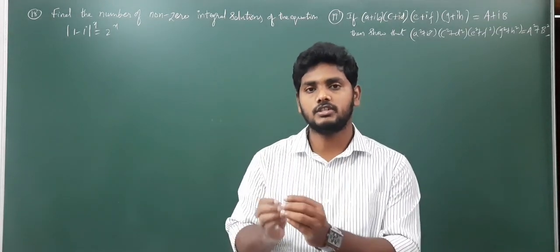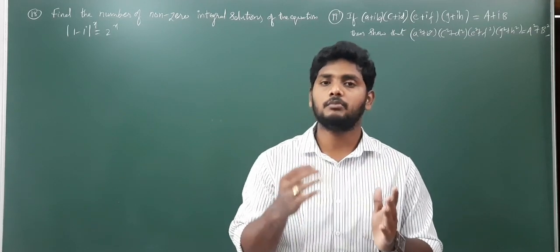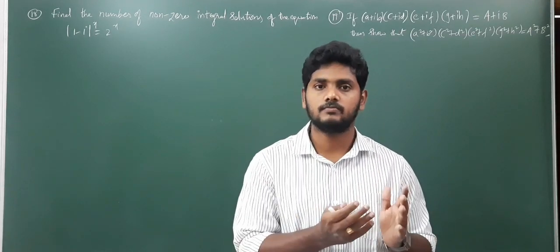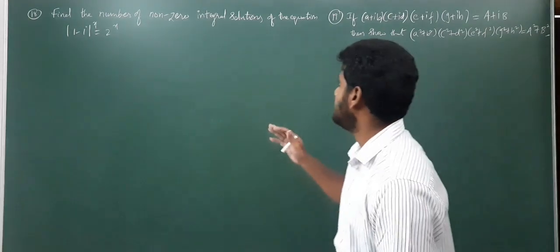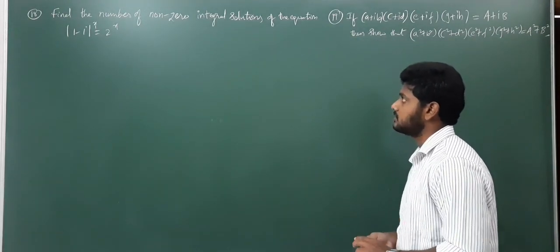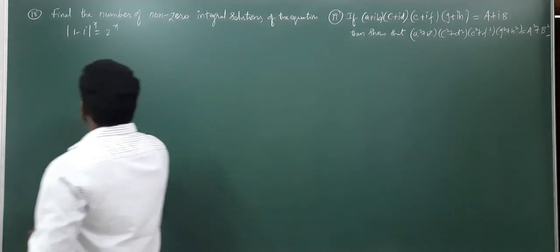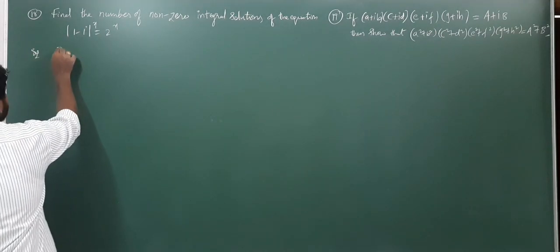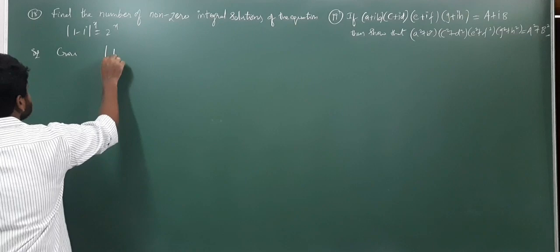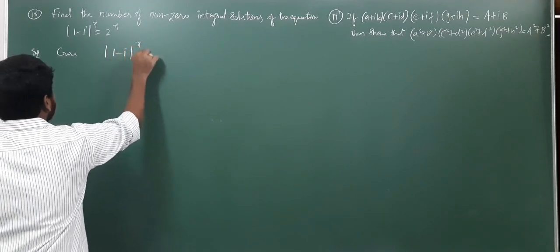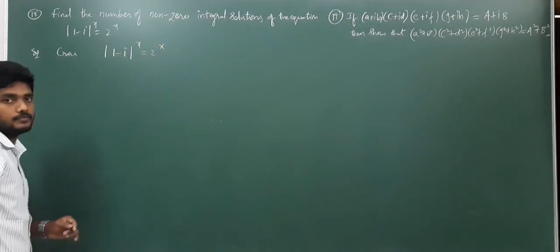If you got one solution 0 and one solution 2, then the number of non-zero integral solutions is 1. So like that we need to find the number of non-zero integral solutions, nothing but except 0, if you have any other integers. So when it comes to the given equation, modulus of 1 minus i whole to the power of x is equal to 2 power x.